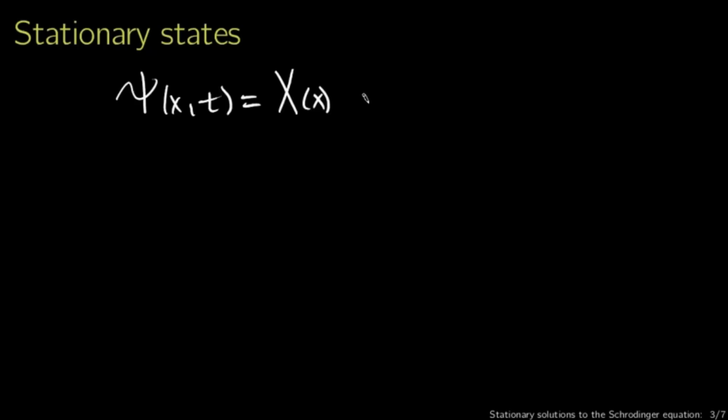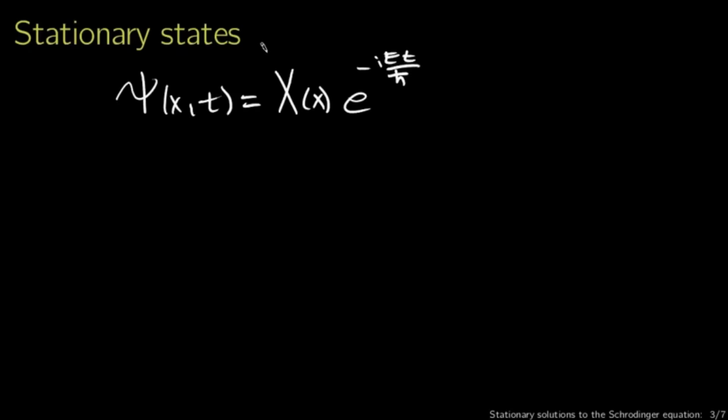I wrote that as capital T on the last slide, but if you remember from the previous lecture, the time evolution equation was solvable, and what it gave us was a simple exponential, e to the minus i E t divided by h bar. So this is our time evolution part, and this is our spatial part.